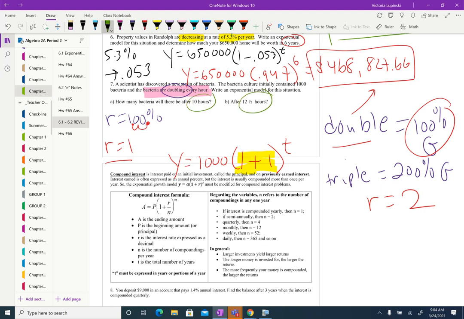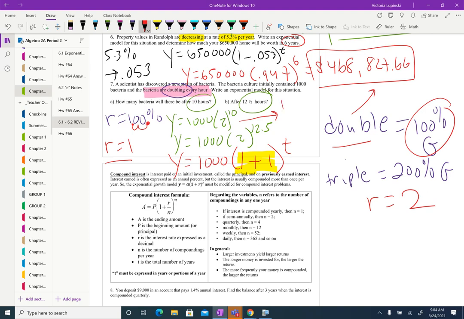You now want to solve for 10 hours and 12 and a half hours. So for 10 hours, you're going to do 1,000 times 2 to the 10th. Then you're going to do 1,000 times 2 to the 12.5. And again, at that point, it's just a calculator problem. Bacteria grow really fast. I mean, just think about the coronavirus.